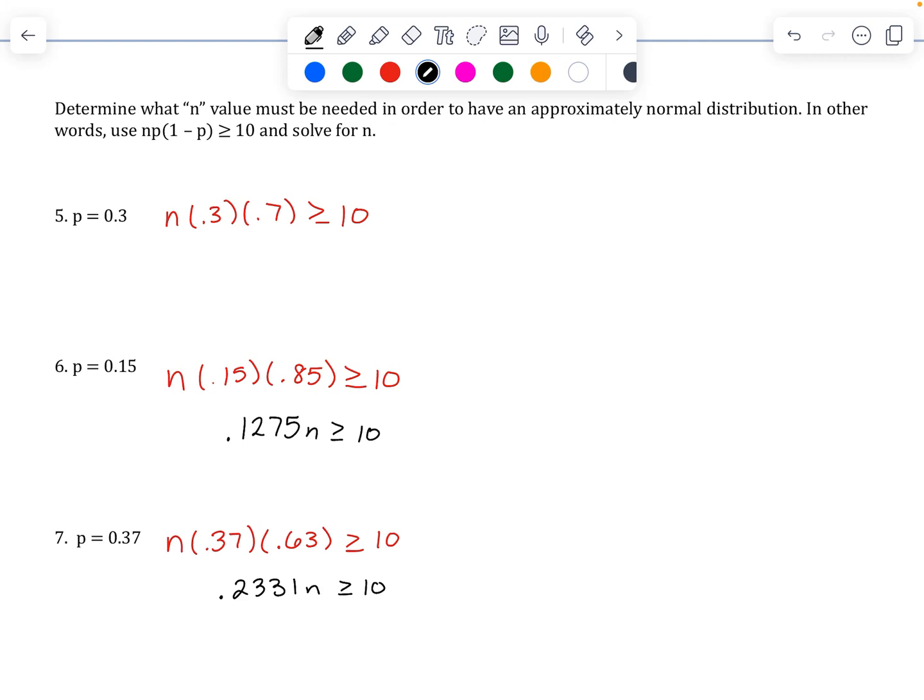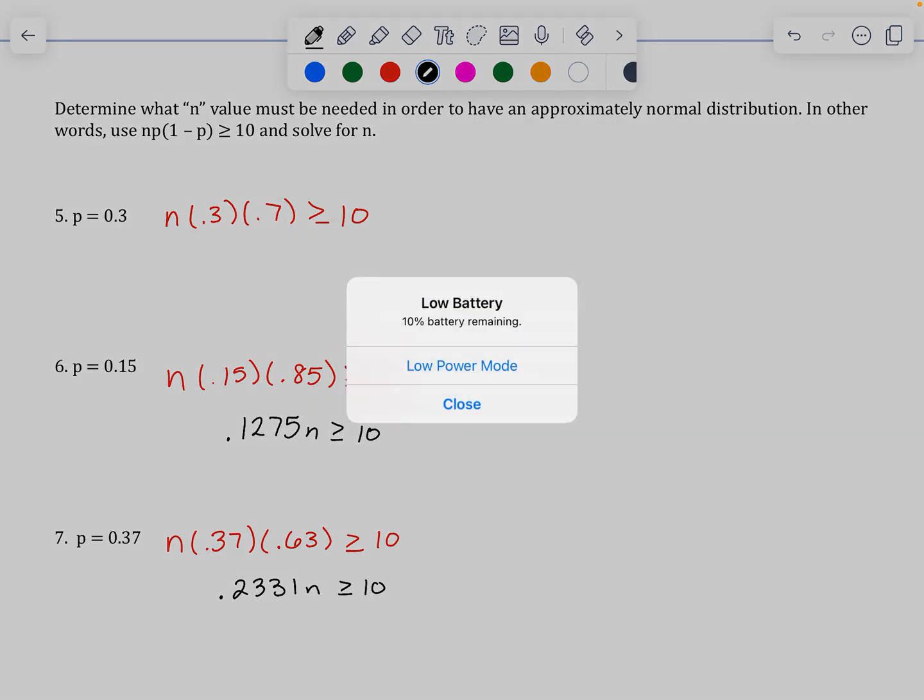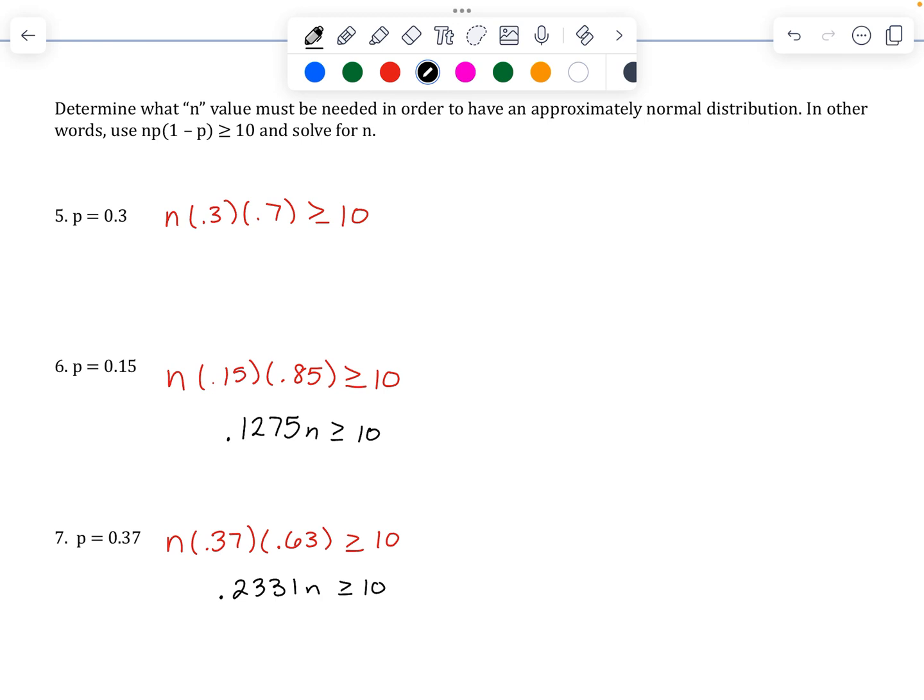In the spring, we will do a project in which you will have to find some number of data points, and how many data points I need, n, how many trials I need, is tightly related to what probability each trial will have. So what I would want to do here is take n times 0.3 times 0.7 is greater than or equal to 10, or I would say 0.21n is greater than or equal to 10.